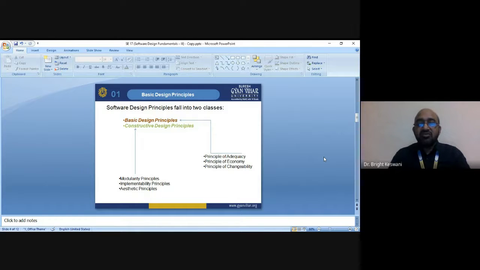First of all, we are discussing the basic design principles. The primary goal of software design, as you know, is the specification of a software system meeting the client's needs and satisfying design constraints, that is, design related limitations.